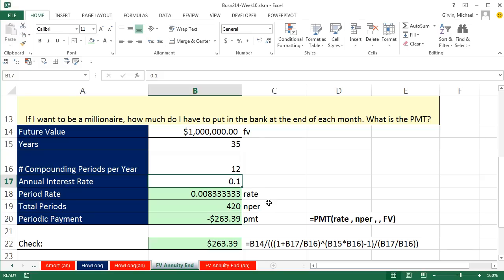All right, so there we go, 263 bucks per month for 35 years, and I can have $1 million if I get that 10%. All right, that's a lot of fun stuff with financial functions. The only big important function we didn't look at is present value, and that has to do with the present value concepts, present value of future cash flows, and that we'll save for a finance class.